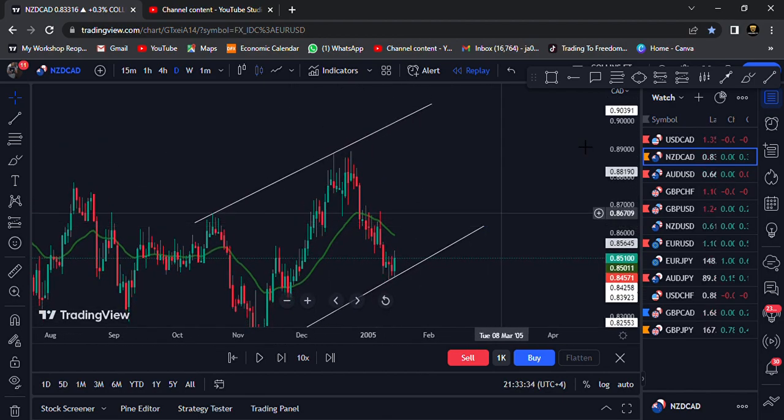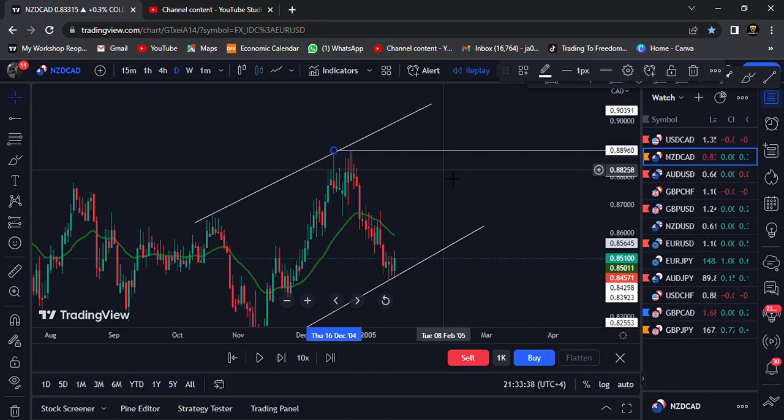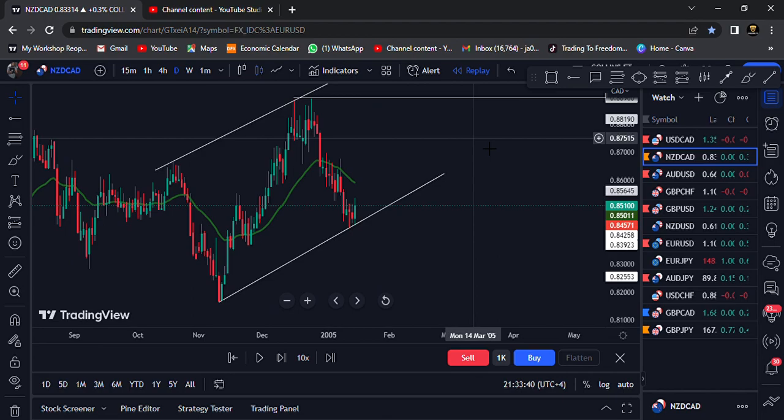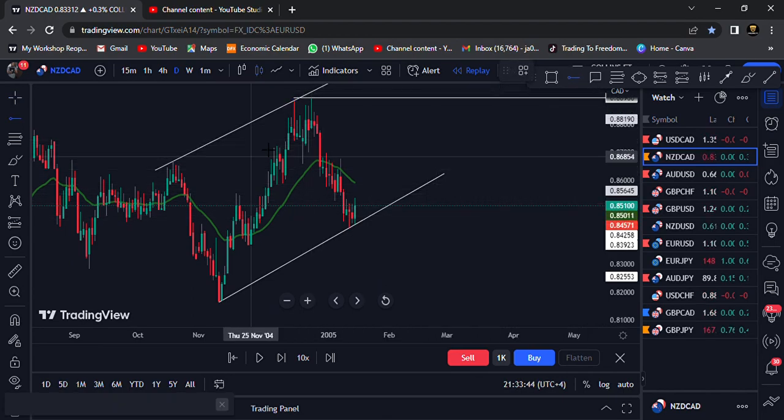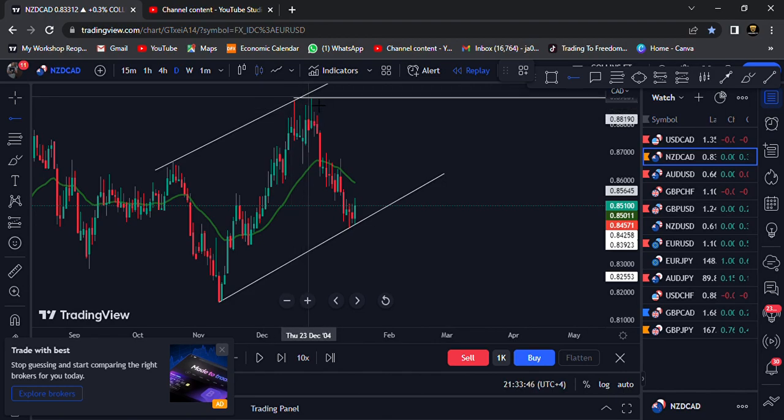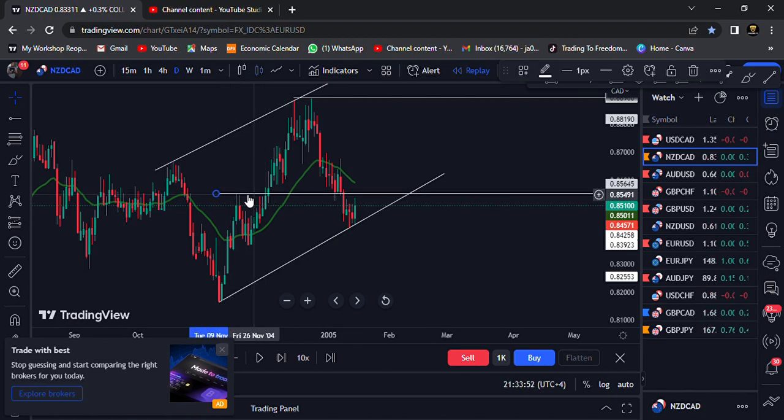is the levels. So it's very evident levels, and always when the market breaks, when the market reverses here or pulls back from here, it always hits this area first. It always reaches this level.